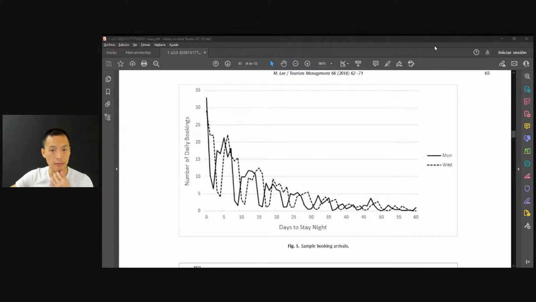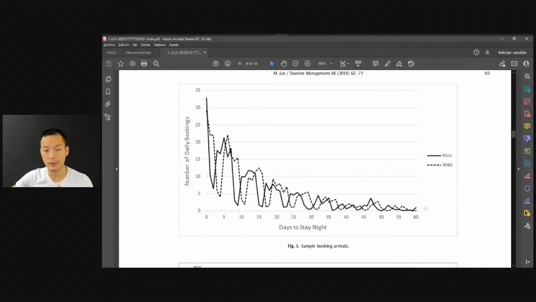From this plot, you see two things. You see that the number of early bookings is really small compared to people who book really late. So most people don't start booking hotels until maybe a month in advance, maybe a month in advance over here.